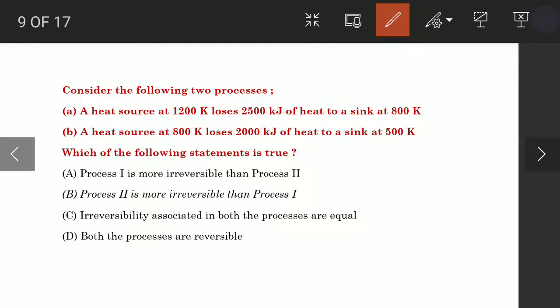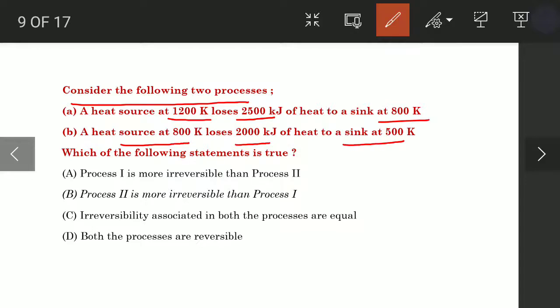Next question. Consider the following two processes. Process A, in which a heat source at 1200 Kelvin loses 2500 kilojoule of heat to a sink at 800 Kelvin. Another case, in which a heat source at 800 Kelvin loses 2000 kilojoule of heat to a sink at 500 Kelvin.